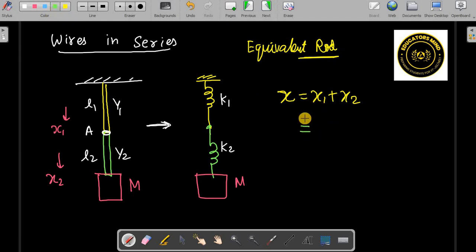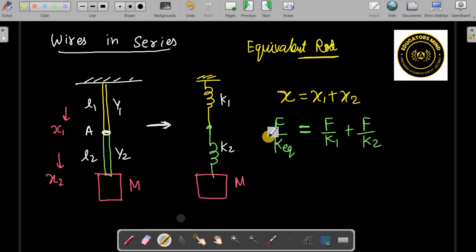So this x is nothing but the force F by K, right? F by K, F by K1, F by K2, F by K equivalent. Remember here that the tensile force remains the same. So this force which is acting, internal forces remain the same. So we can treat it like this, and once you remove it, 1 by K equivalent.